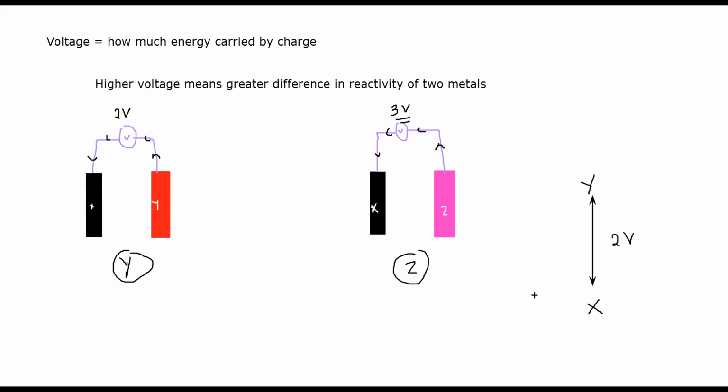So from X to Z there is a higher voltage, and it produces 3 volts. So what is the reactivity order? The reactivity is Z, Y, and X. So higher voltage produced by the two electrodes means they have a greater difference in the reactivity. Smaller voltage produced means a small difference in the reactivity.